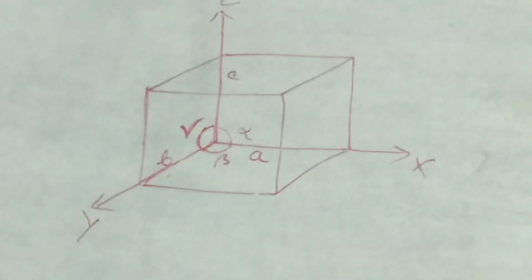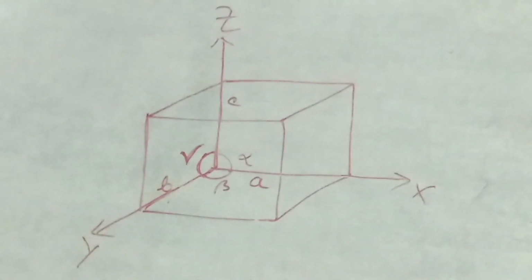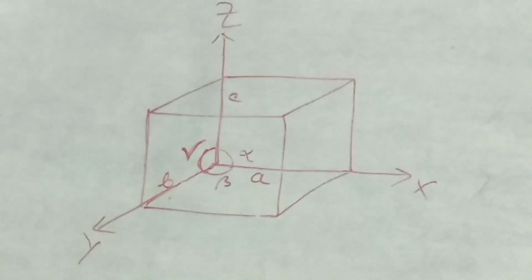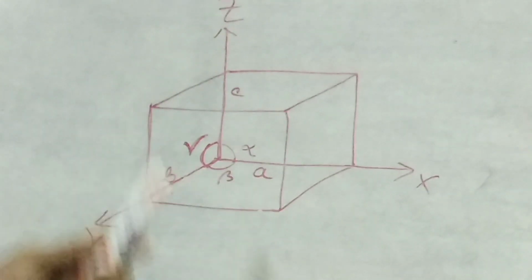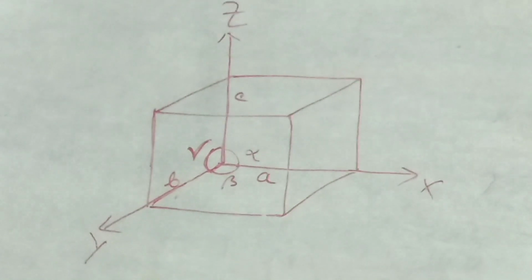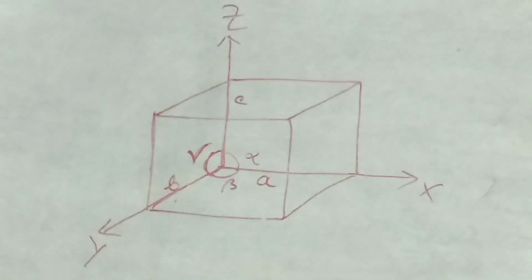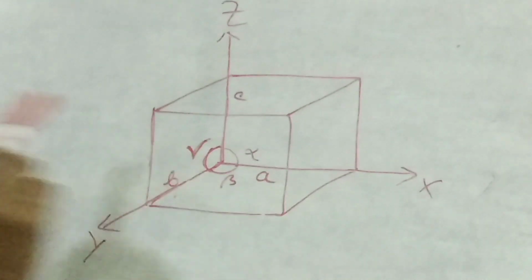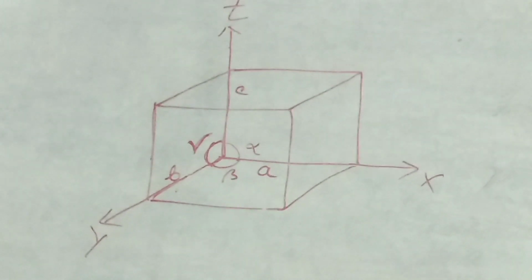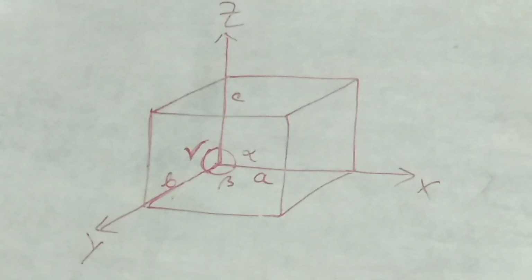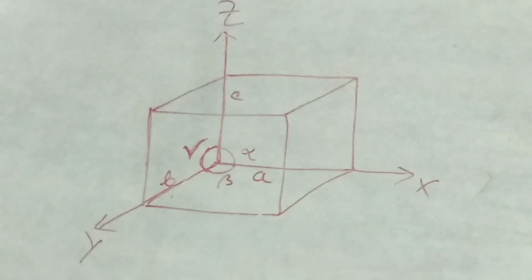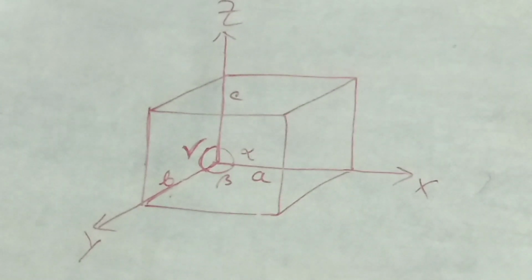So to describe a unit cell we need six parameters: three edge lengths along X, Y and Z axis, A, B, C respectively, and three interfacial angles alpha, beta and gamma. With these six describers we can describe what kind of cell it is.